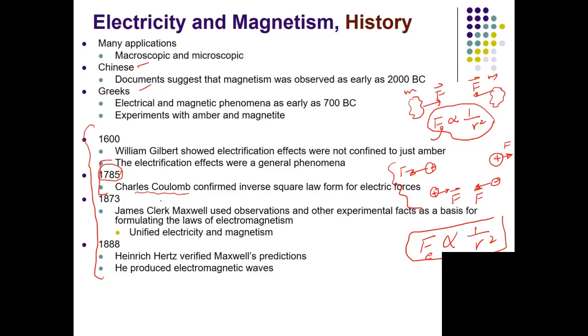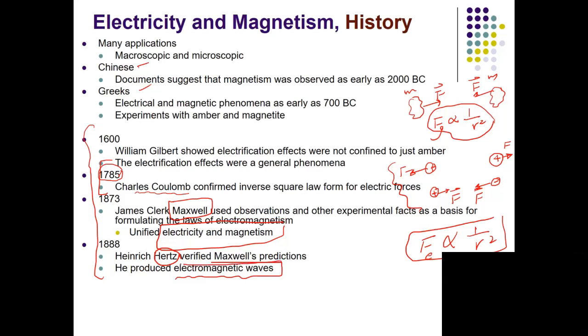And then again, another 100 years later, Maxwell, the famous scientist, was able to combine electricity and magnetism into four simple equations that you can write in half a page. Then many other scientists, including Hertz, for example, were able to do experiments and applications and actually produce electromagnetic waves.